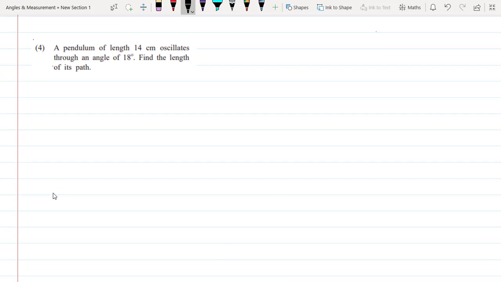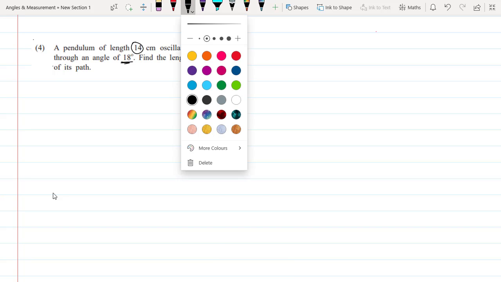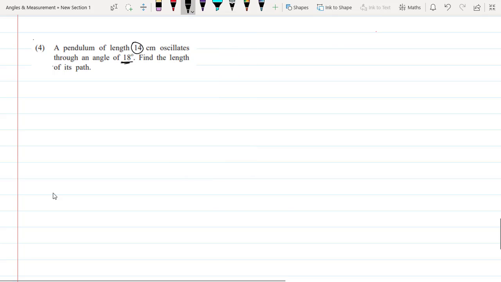A pendulum of length 14 centimeter oscillates through an angle of 18 degree. Find the length of its path. Okay, first of all check how the pendulum looks.